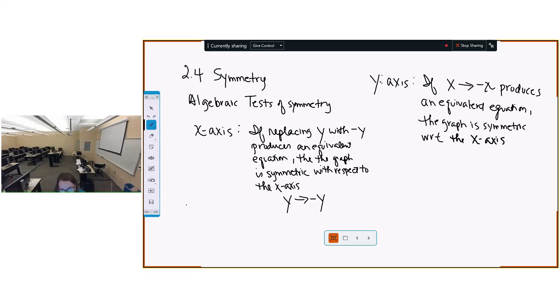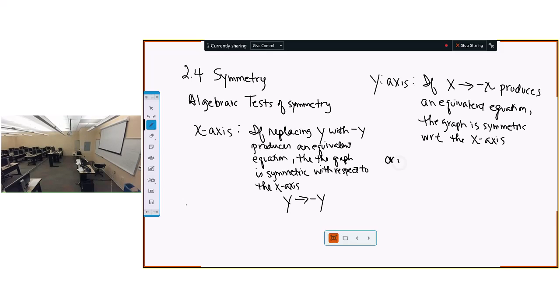Notice you're dealing with y's here, the y-axis, and you're changing x to a negative x. With respect to the x-axis, you're changing y to a negative y. And either way, if you get an equivalent equation, then it's symmetric with respect to that particular axis.